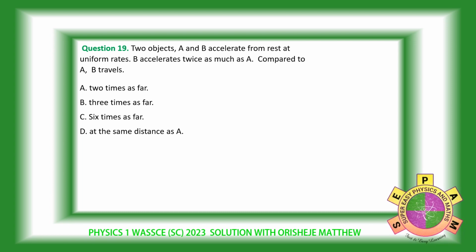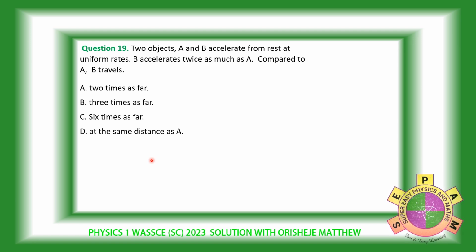Question 19. Two objects, A and B, accelerate from rest at uniform rates. B accelerates twice as much as A. Compared to A, B travels.